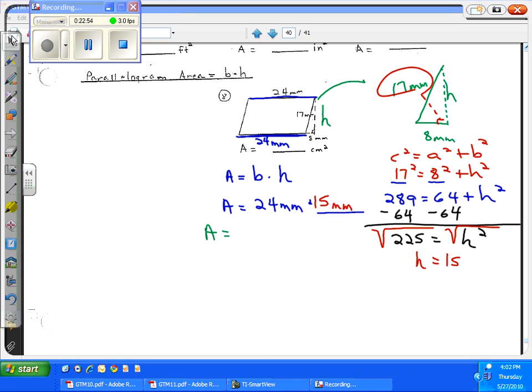So now we multiply. Area is base times height, so we multiply the numbers. 15 times 24 is 360. Millimeter times millimeter is square millimeter.